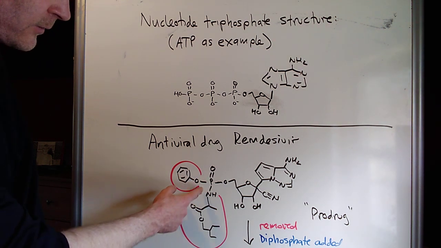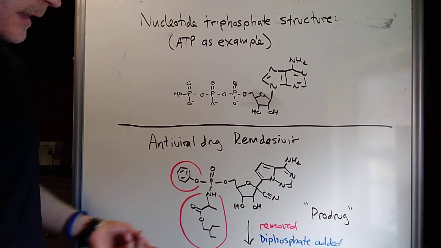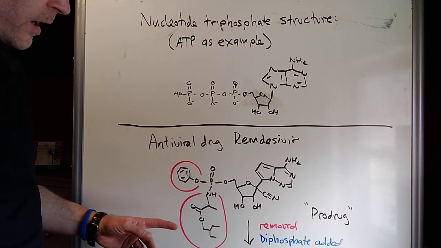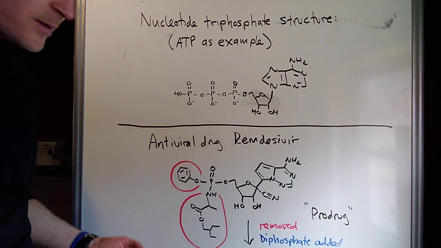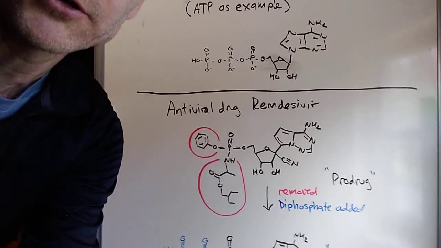When it enters cells, these groups are cleaved off, so those are removed. Any drug that works that way is called a so-called prodrug, and then upon some metabolic activation, it gets turned into the actual drug. So remdesivir actually has to have two things happen to it.